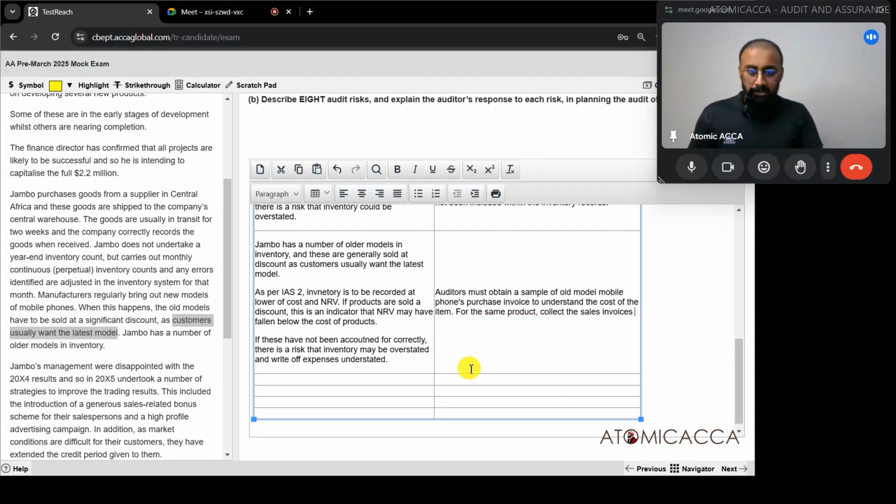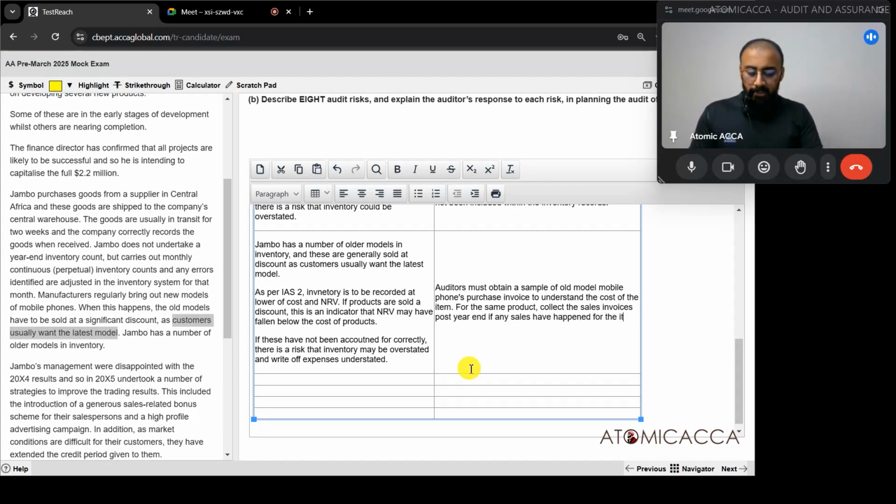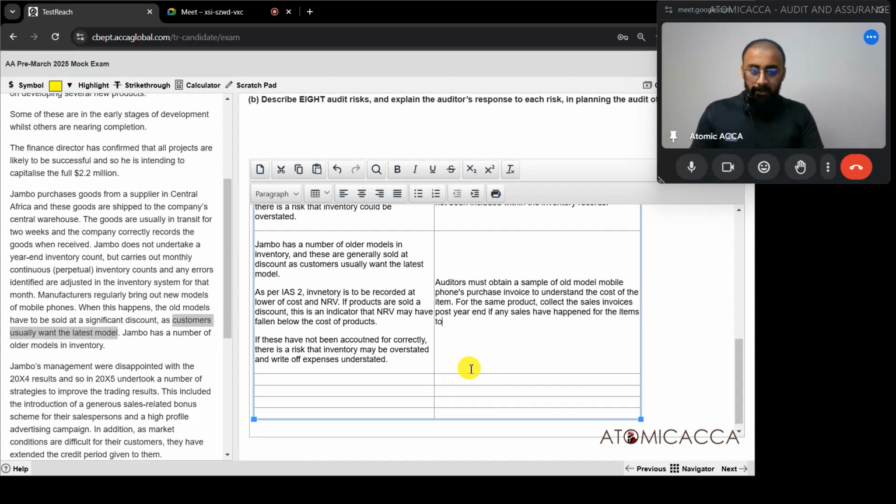Sales invoices for the same product: collect the sales invoices post year end, if any sales have happened for the items, to understand the NRV.